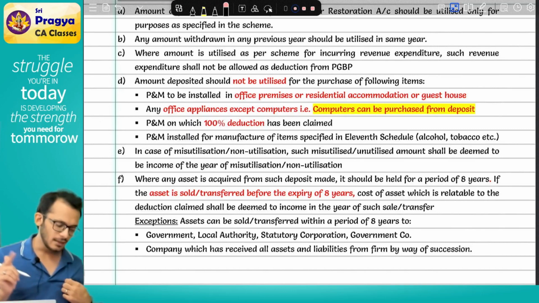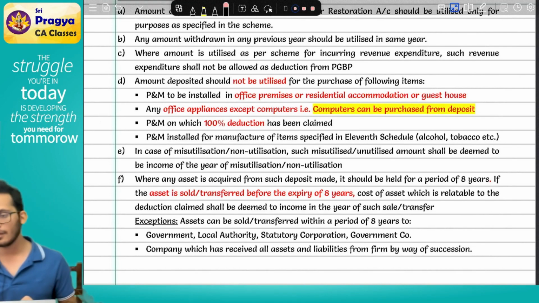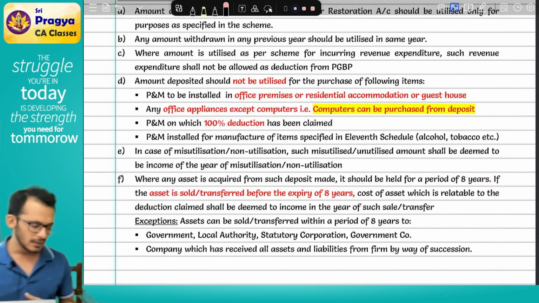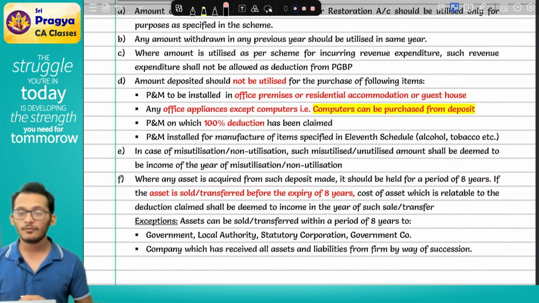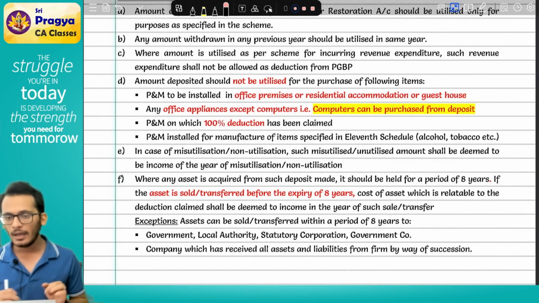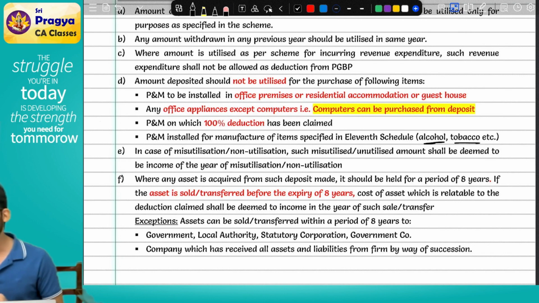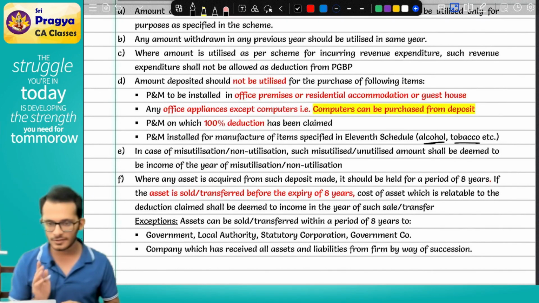Next, you should not buy any kind of plant and machinery on which you can claim 100% deduction. Last, you should not buy any plant and machinery installed for manufacturing prohibited items, like alcohol or tobacco. You should not purchase any plant and machinery which is going to violate the laws.